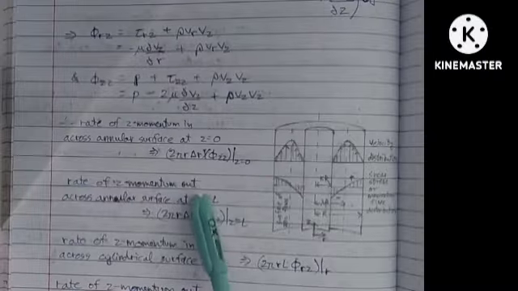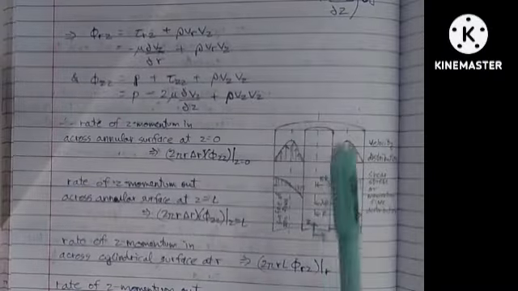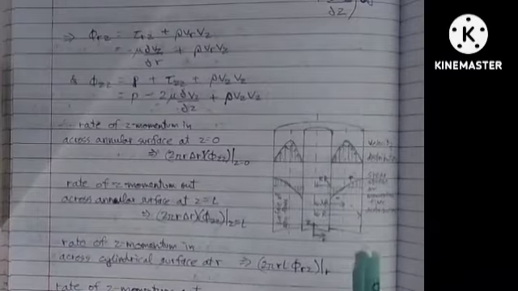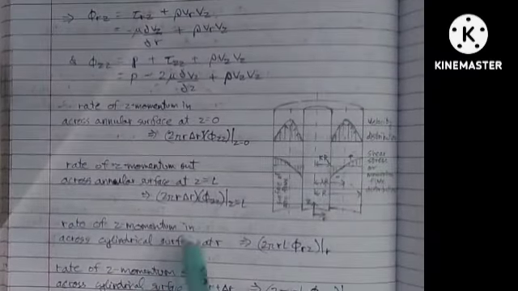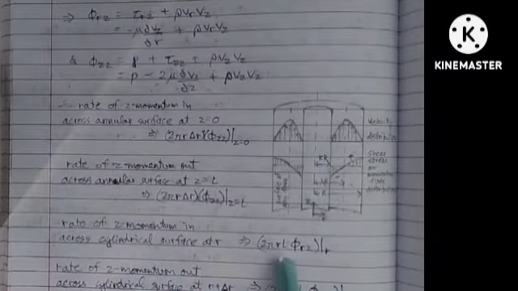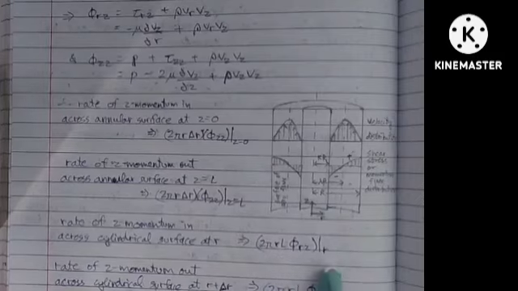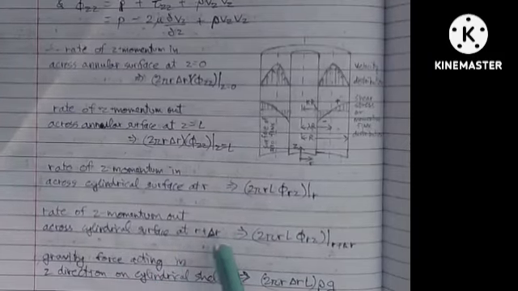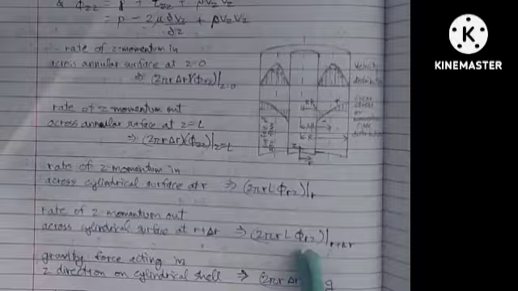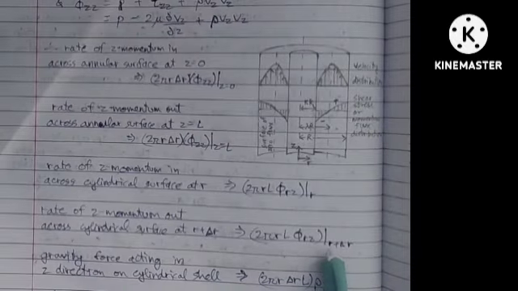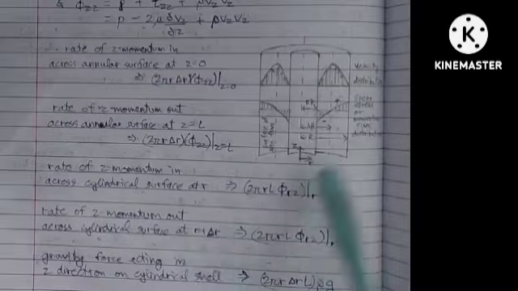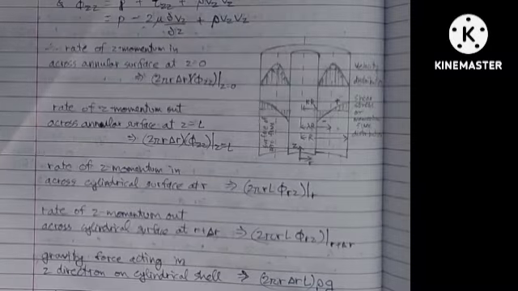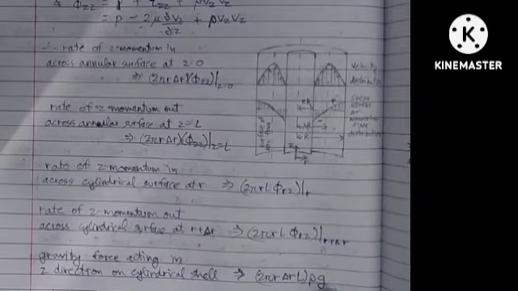Similarly, out will be at z equal to L, as we are taking origin at bottom, z equal to 0, z equal to L. In across cylindrical surface equal to 2 pi r L phi rz at r. Rate of z momentum out across cylindrical surface at r plus delta r, 2 pi r L phi rz at r plus delta r. And gravity force is acting downwards on cylindrical shell, 2 pi r delta r L rho g.